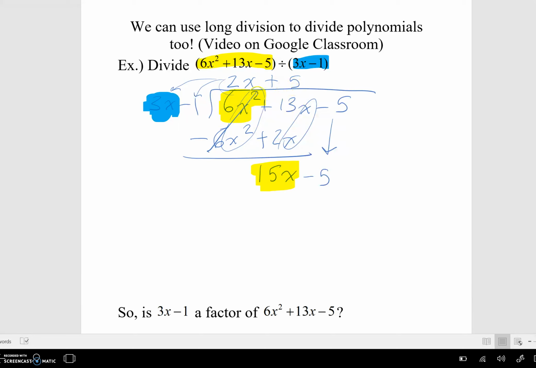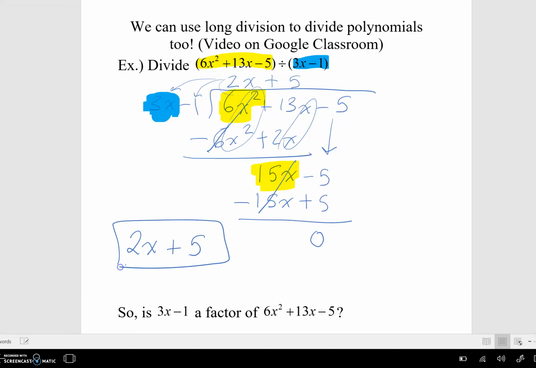So 5 times 3x would give us, and again we have to distribute this, 15x, and 5 times negative 5 is negative 5. Draw the line, change that sign. Cross these out, and these two add together, we get 0. So our answer of 6x squared plus 13x minus 5 divided by 3x minus 1 is 2x plus 5.